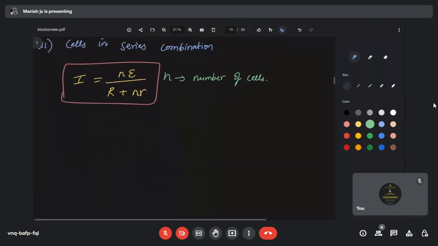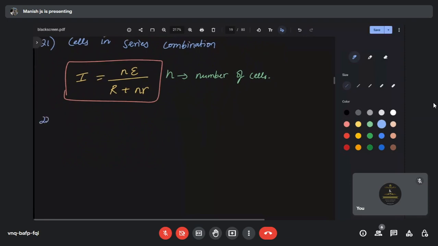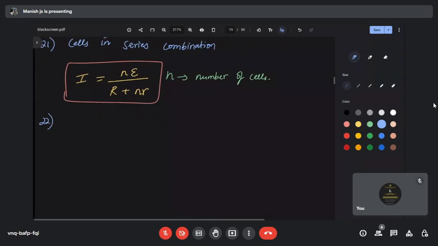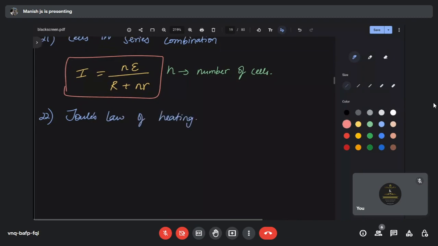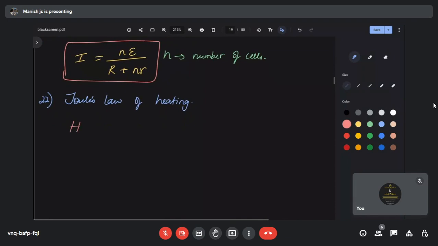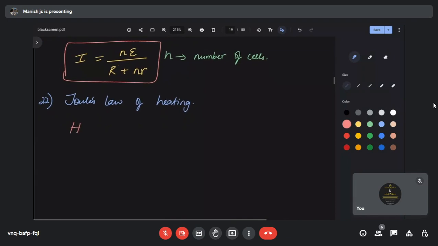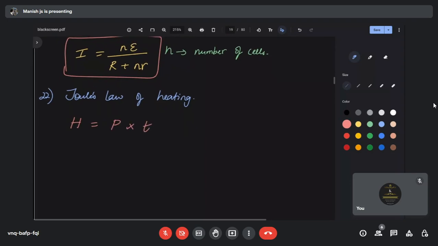And then you have Joule's law of heating. According to this law, the heat produced is equal to, usually we can express heat as the product of power into time.